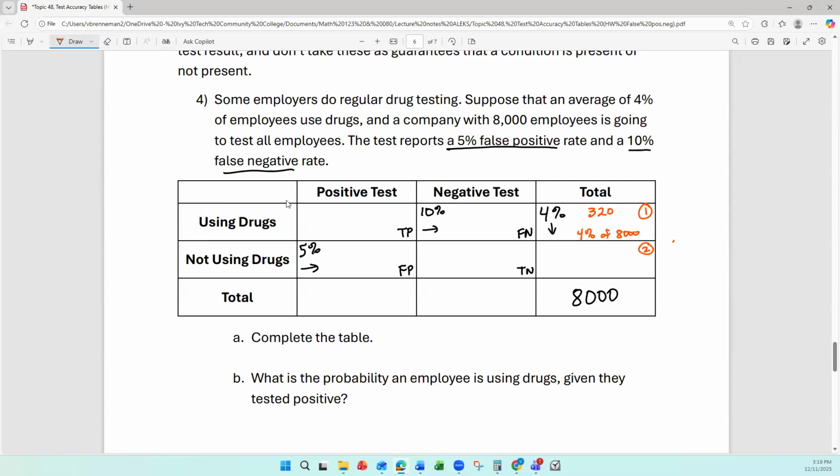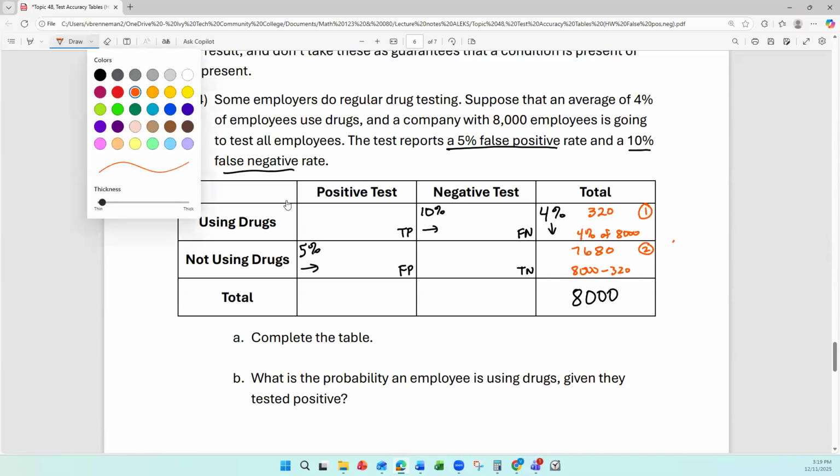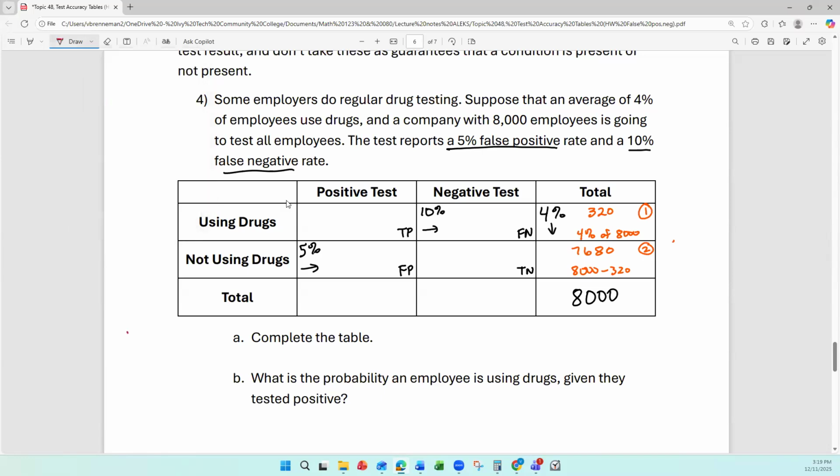Then we can go, all right, the rest of the 8,000 minus 320 for the total not using is 7,680. Then the using drugs, 10% of the 320 is 32 people that are using drugs but get a negative test.